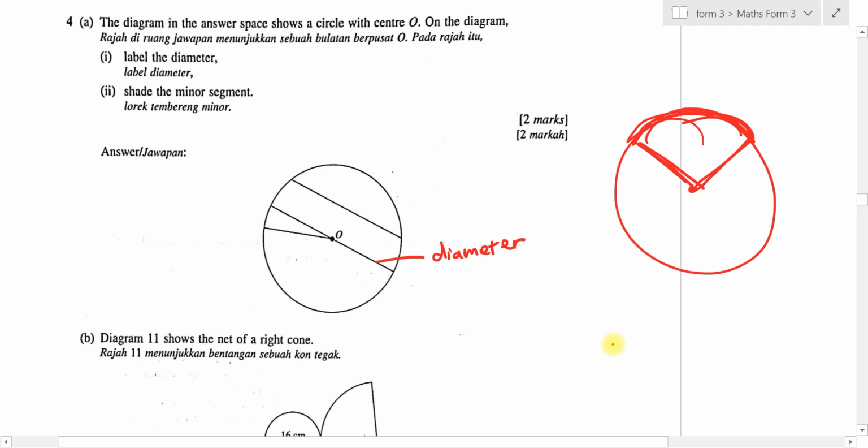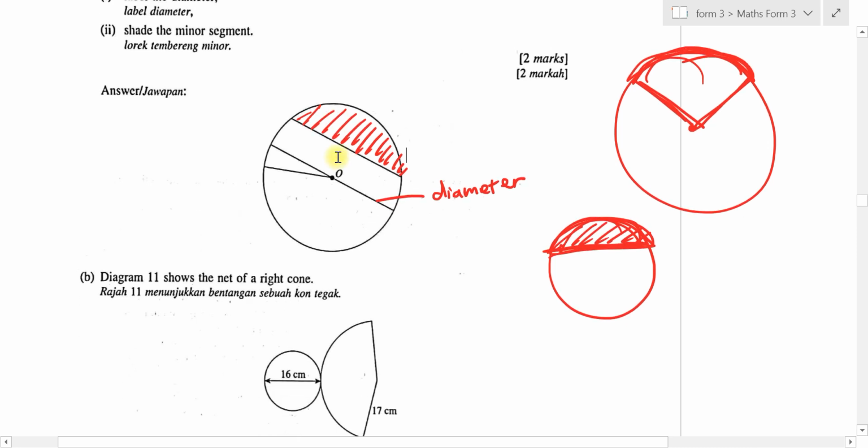But a segment is a chord and an arc. One arc and one chord. This is what we call a segment. So the minor segment means the smaller segment, which is this one. Okay, minor segment.